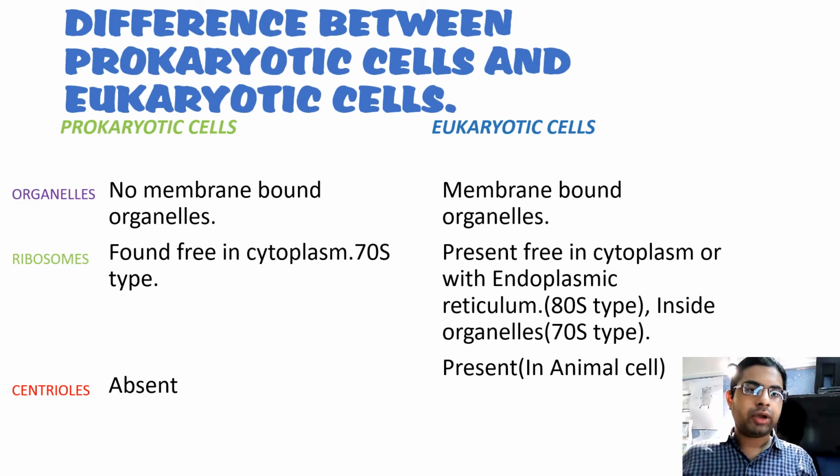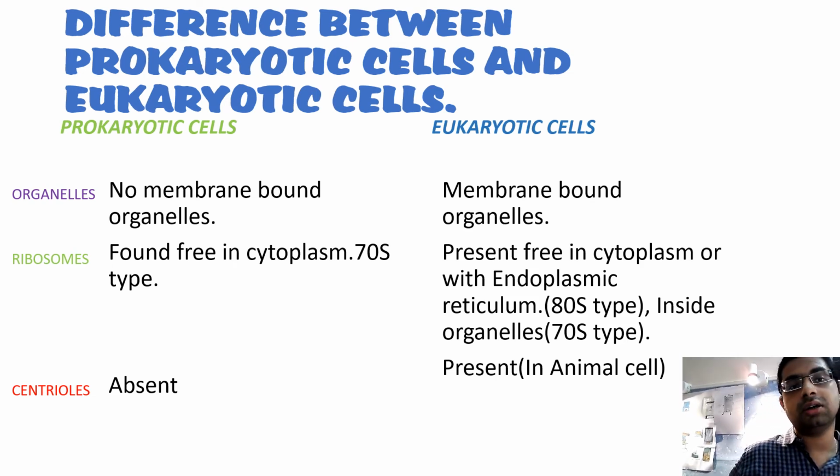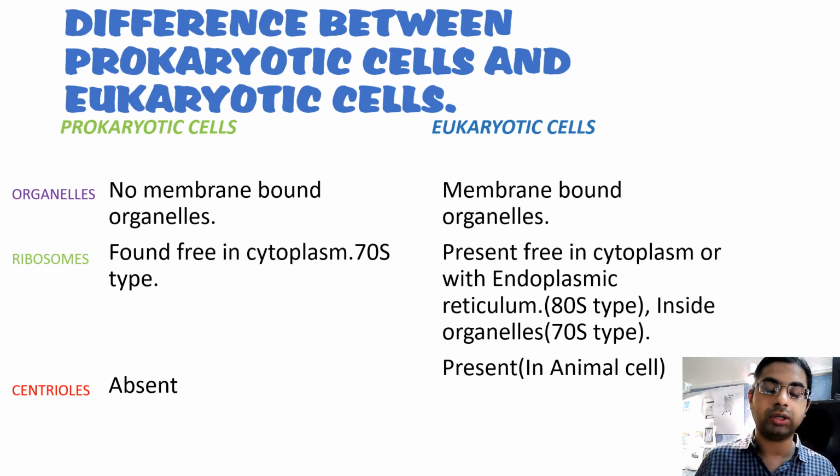In prokaryotic cells, the cell organelles, as I discussed in my previous slides, like endoplasmic reticulum, Golgi bodies, etc., are not membrane bound organelles. No membrane is present around the organelles in prokaryotic cells, whereas in eukaryotic cells, membrane bound organelles are found.